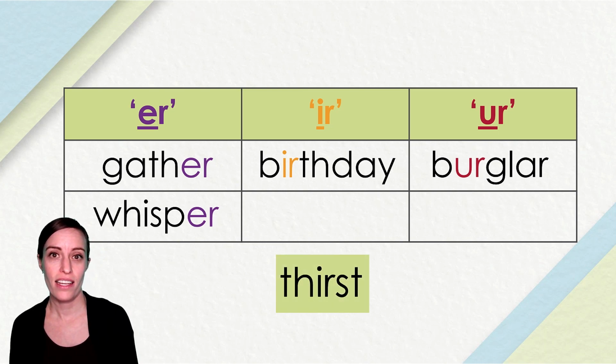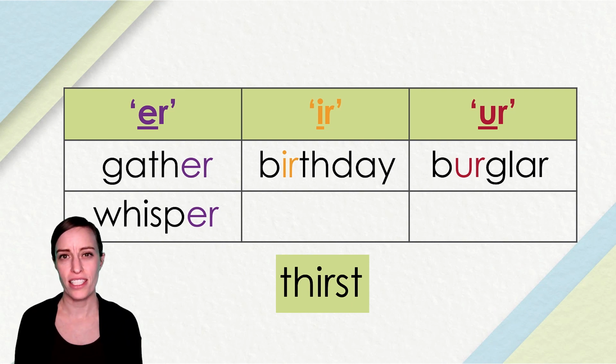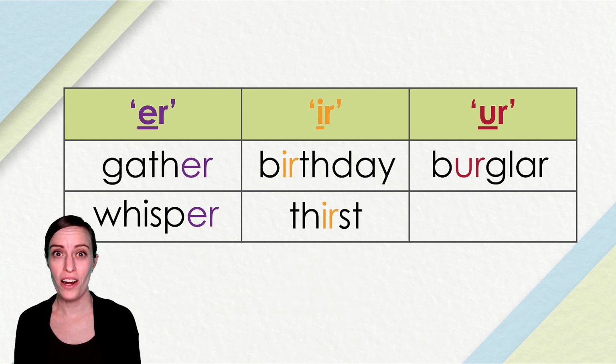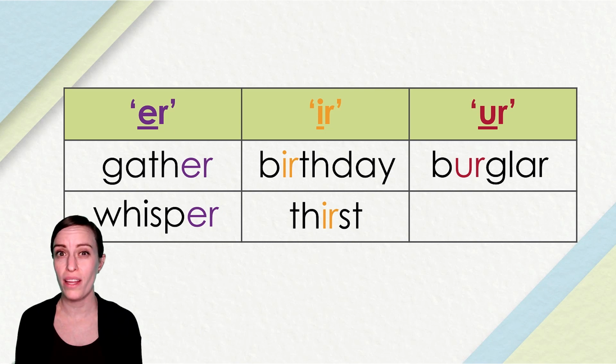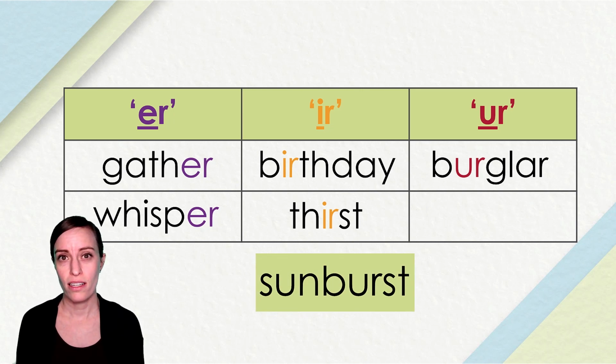This word is thirst. How do we get the sound in thirst? We hear the sound because the R is controlling that vowel I. It's changing its sound. And finally, the word sunburst. This is a 2-syllable word.